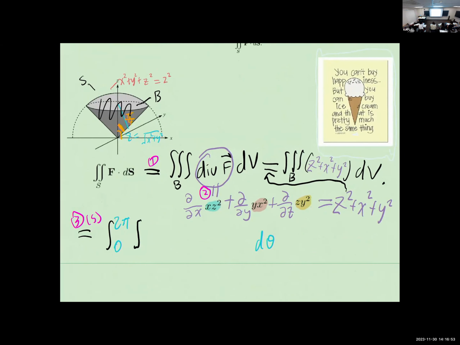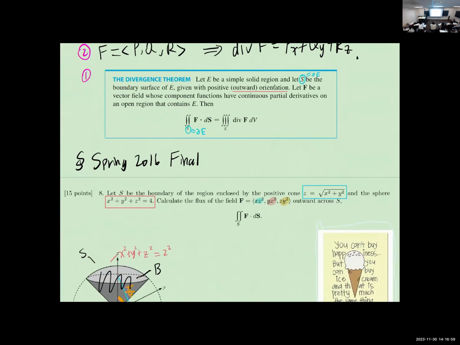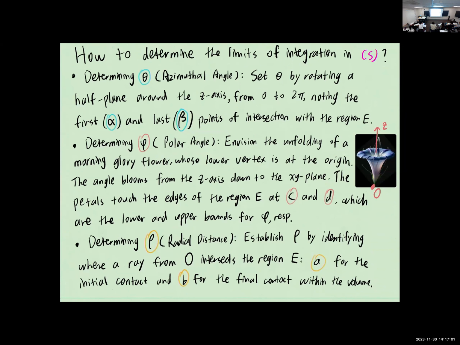Let's use this bittersweet color for phi, d phi. What's the range of phi? Well, let's follow the second bullet point. We determine phi by envisioning the unfolding of a morning glory flower like that. There's a flower, whose lower vertex is at the origin, so it's placed this way. And you can imagine the unfolding of this flower.